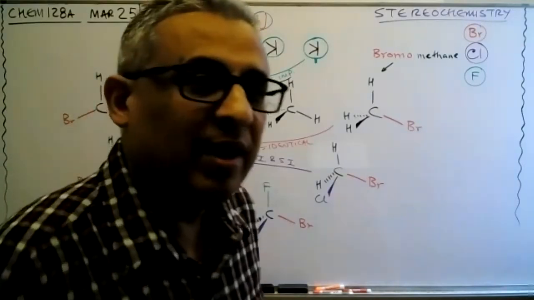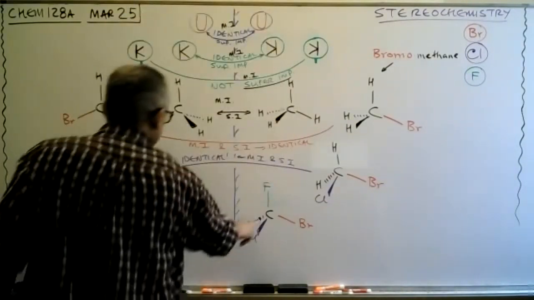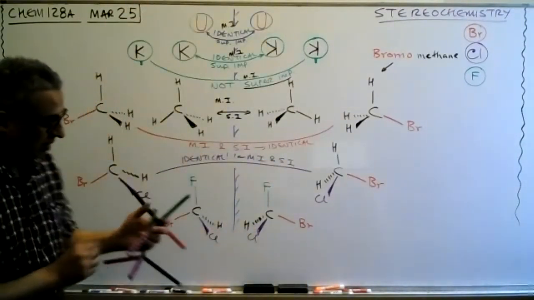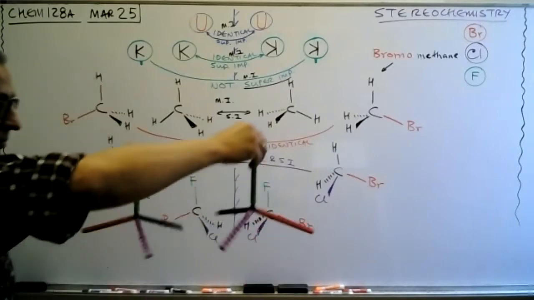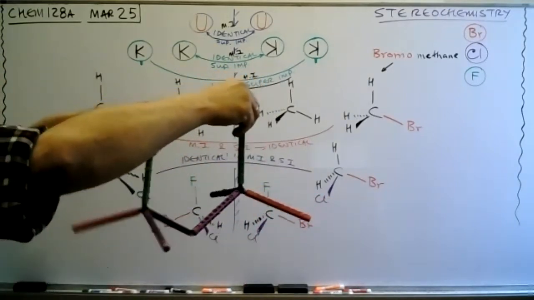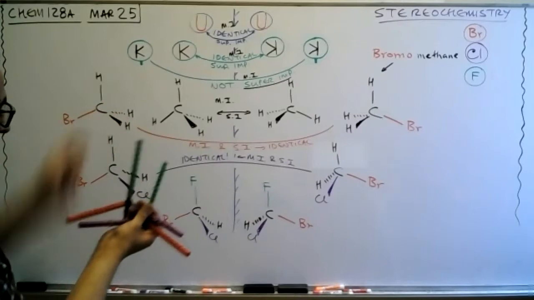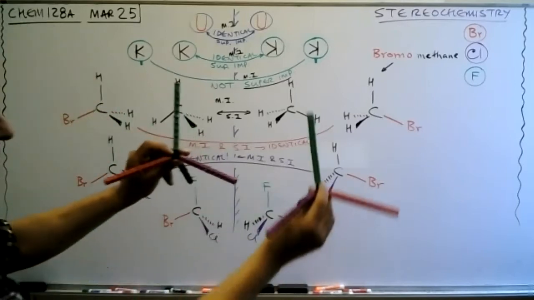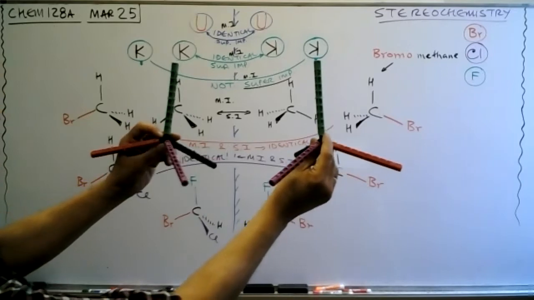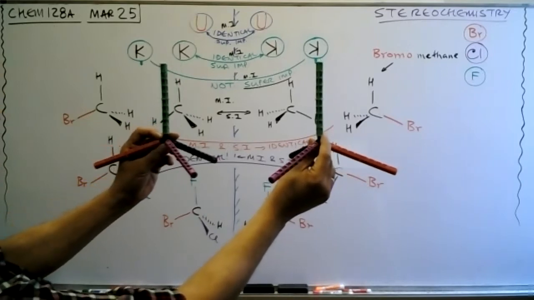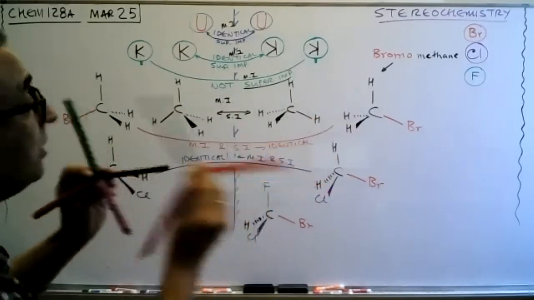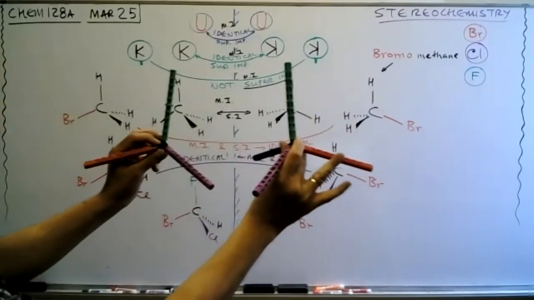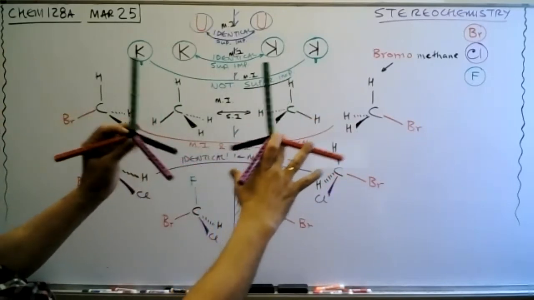What do you think the relationship between these two molecules is? Let me hold it this way. I don't know how it's going to project. What do you guys think? So it's got a fluorine on the top, these two are the bromines, and these are the two chlorines, and there is a hydrogen.